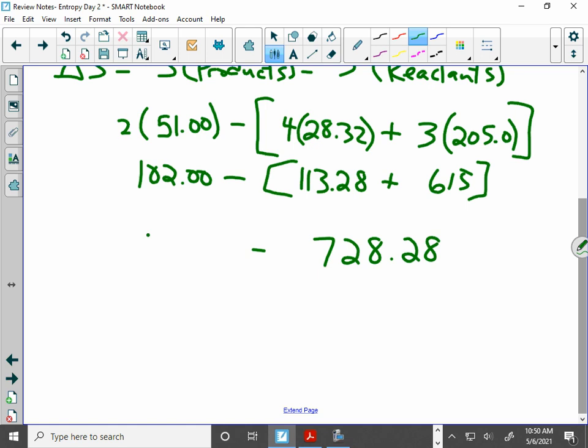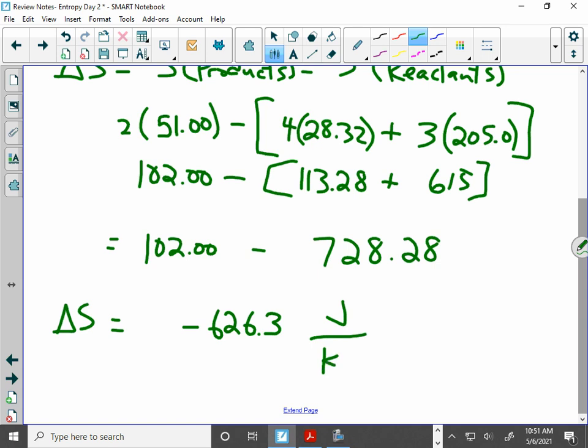I subtract that from the 102.00. So when I get my change in entropy, that is going to equal negative 626.3 when I sig fig it. And once again, my label is going to be joules per Kelvin times mole.